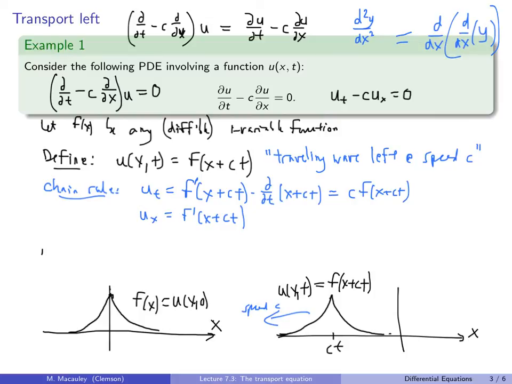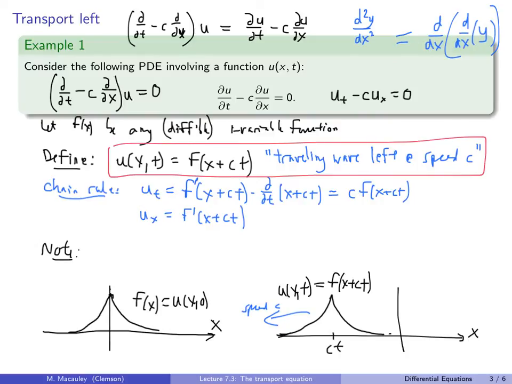So let's note now that I claim this u solves this PDE. So ut minus c times ux equals c times f prime of x plus ct minus c times f prime of x plus ct, which equals 0. Sorry, I forgot my prime up there as well.